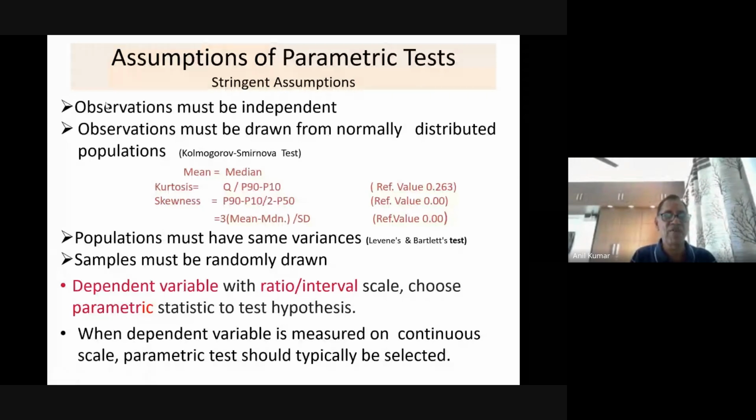Today again I would like to highlight that whenever you are using a parametric test, the minimum requirement is that you must first establish that whatever observations, whatever data we are having, that data is drawn from a normally distributed population.